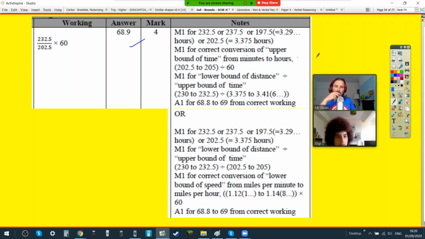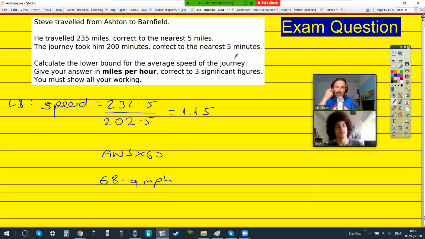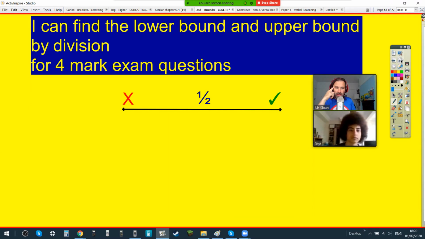Well done. Very good. So this is just checking the speed equals distance over time part of it.